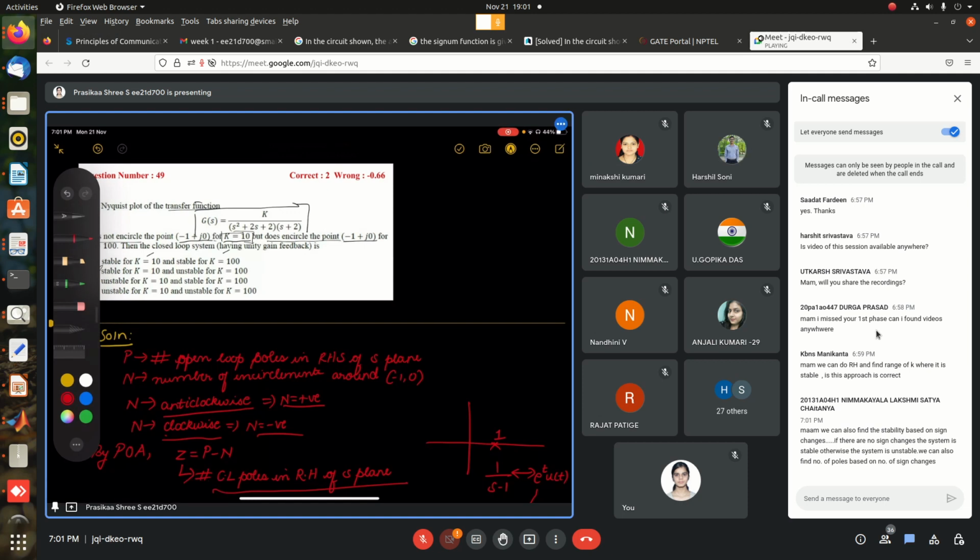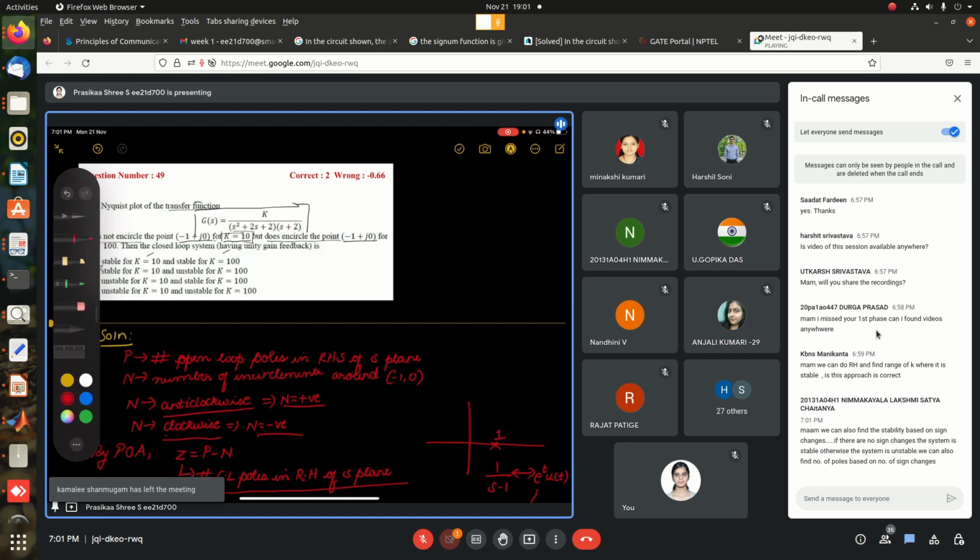That's how you do it. Here that is of separate concern, but they have told that the number of encirclements is so and so for K equal to 100 and K equal to 10. For K equal to 10 there are no encirclements. For K equal to 100, there is an encirclement.